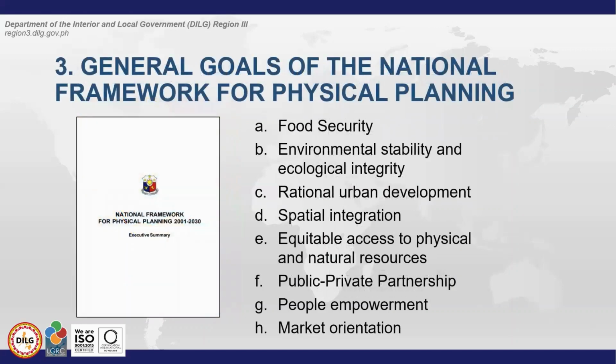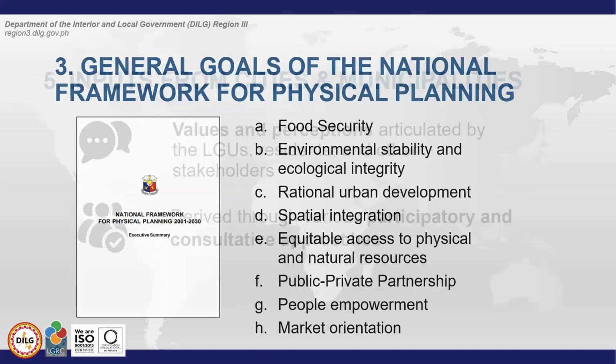Meanwhile, the general goals of the National Framework for Physical Planning are food security, environmental stability and ecological integrity, rational urban development, spatial integration, equitable access to physical and natural resources, public-private partnership, people empowerment, and market orientation.